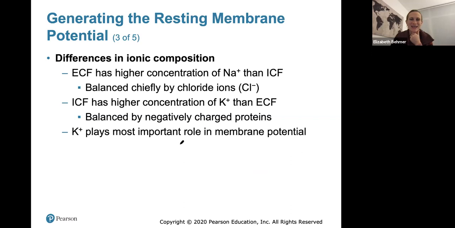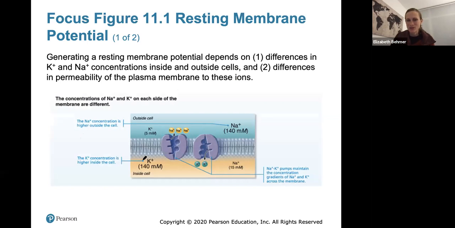Differences in ionic composition: there are more sodium ions in the extracellular fluid, outside the neuron, and more potassium ions on the inside of the cell, just inside the membrane. And potassium is what will play a very important role in this membrane potential.